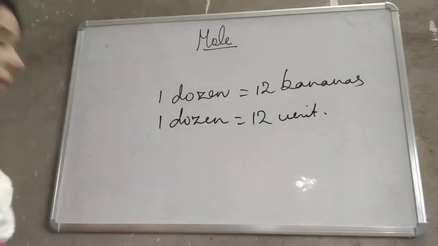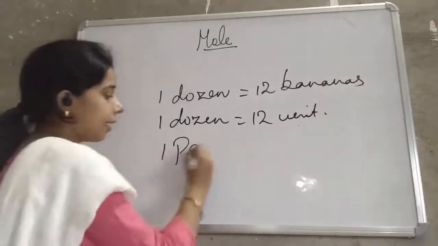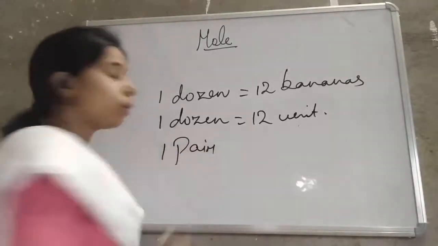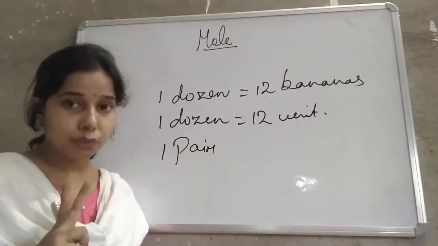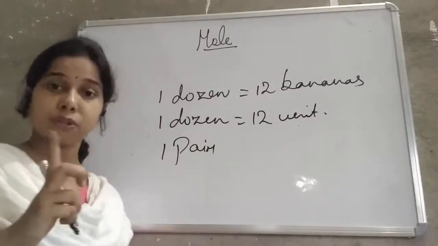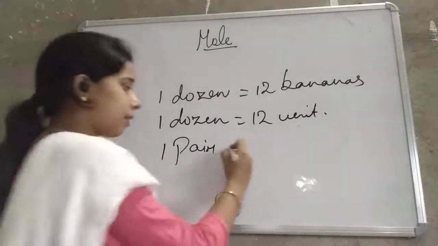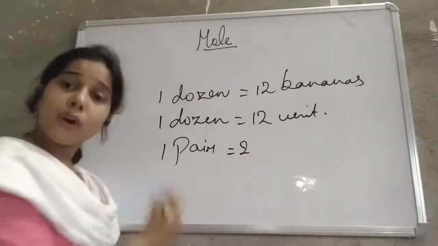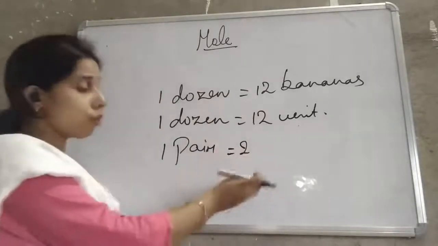Same thing, if we talk about 1 pair of shoes, what does that mean? We are talking about 2 individual shoes. Or if it is a pair of handkerchiefs, that is 2 handkerchiefs. Or a pair of pens, then we are talking about 2 pens.